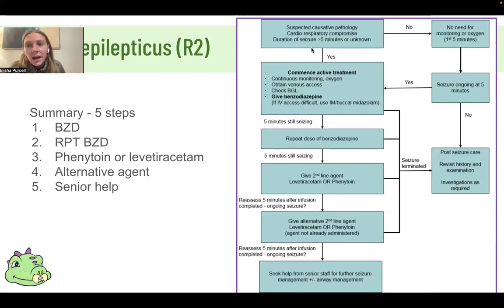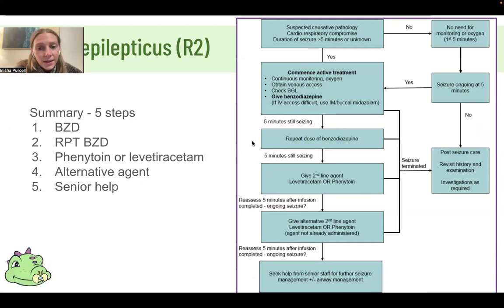If we're saying yes, then we're commencing active treatment. You're doing your ABCD, continuous monitoring, oxygen, getting venous access, getting a BGL, those types of things, and you're giving the first benzodiazepine. So step 1, benzo.